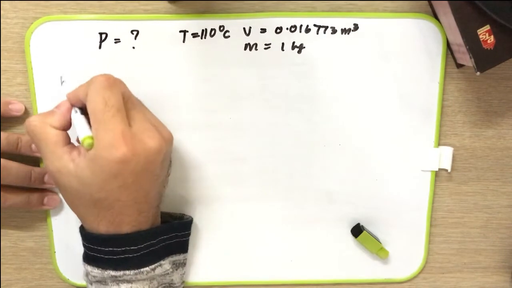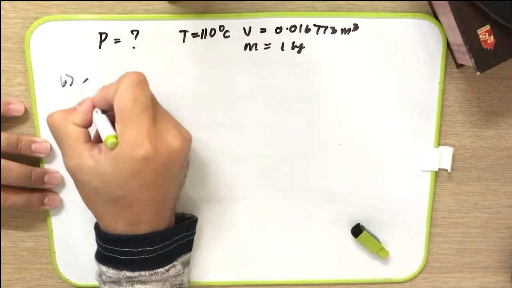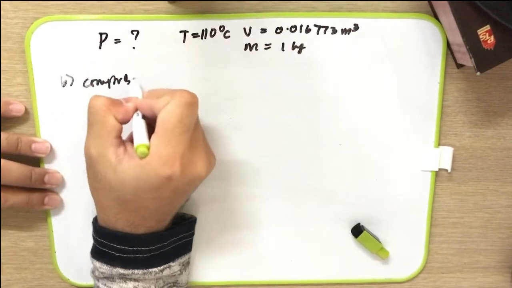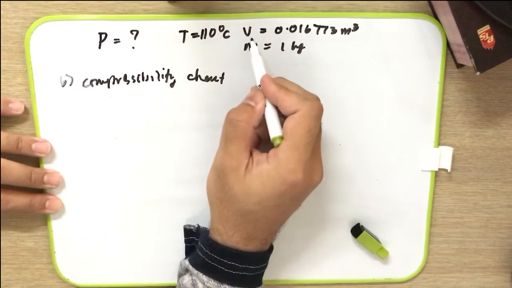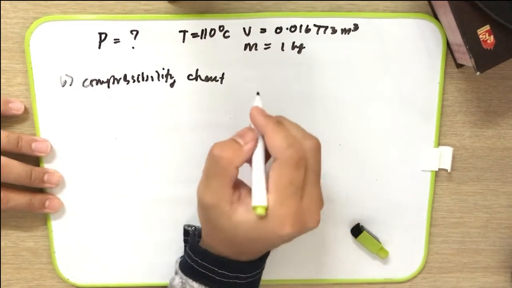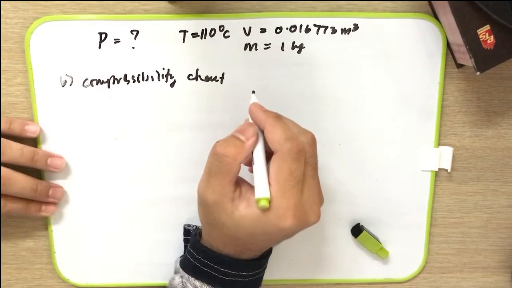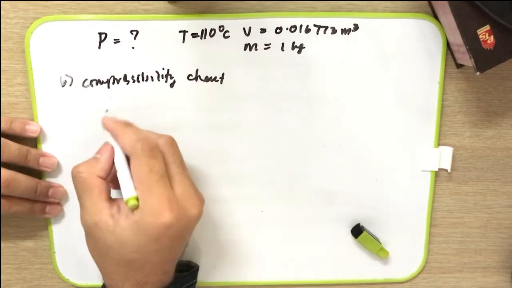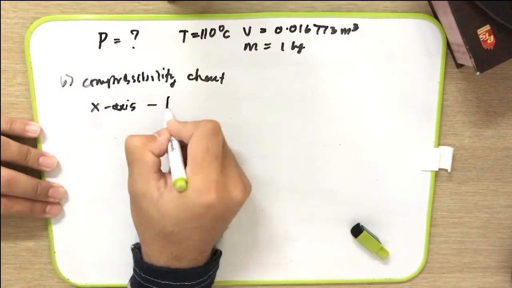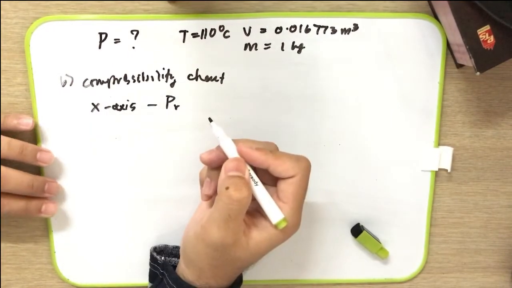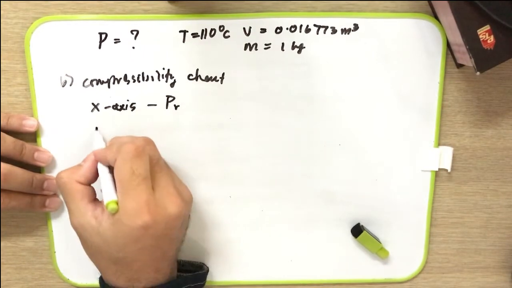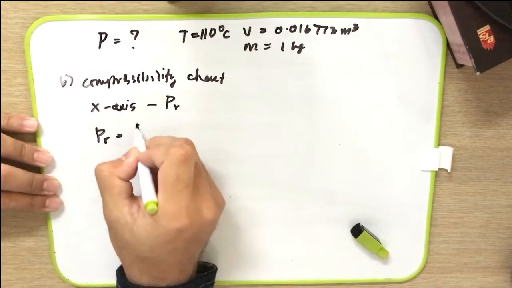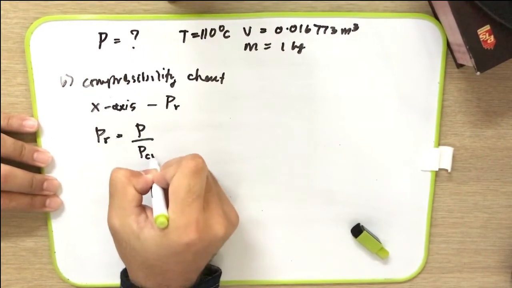So next, we use the compressibility chart. In this question, we are given temperature and also volume. In order to find the pressure from the compressibility chart, we know that the x-axis is PR, which is P reduced. So the equation for PR is equal to P over P critical.